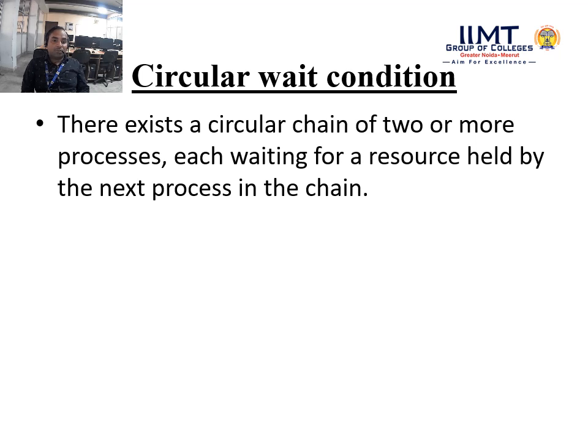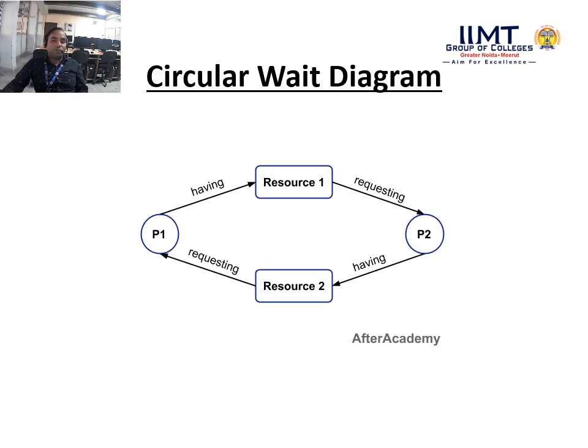Dear students, you can easily understand with the help of a diagram that will clear the condition. What is the circular wait diagram? We have only two processes with two resources. The process names are P1 and P2, and the resources are resource 1 and resource 2. If we talk about process P1, as I have given the names, so you people can easily understand.